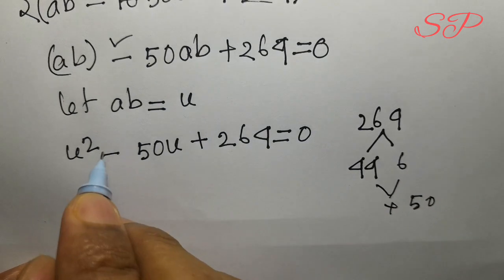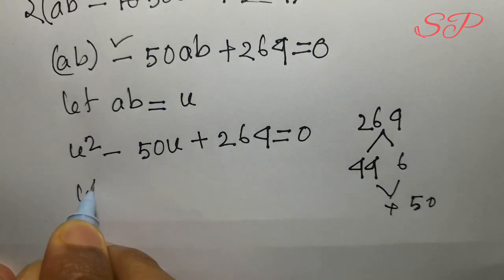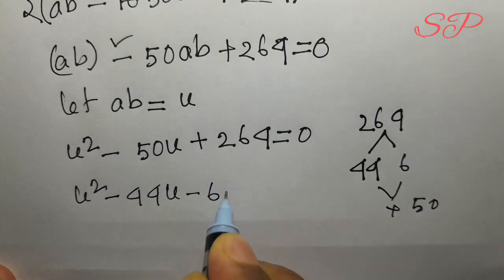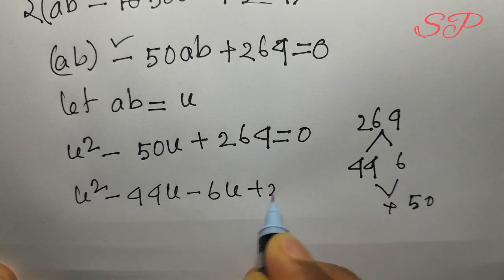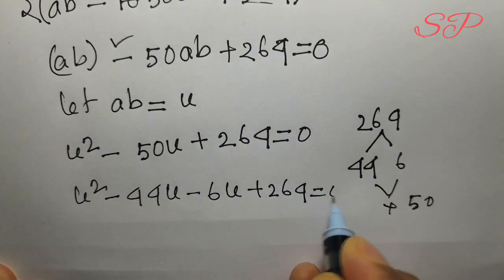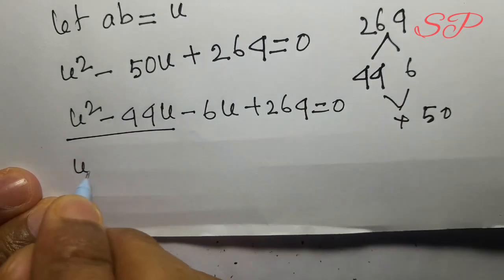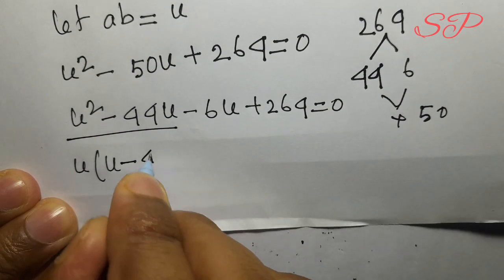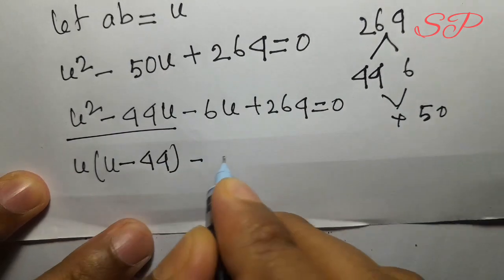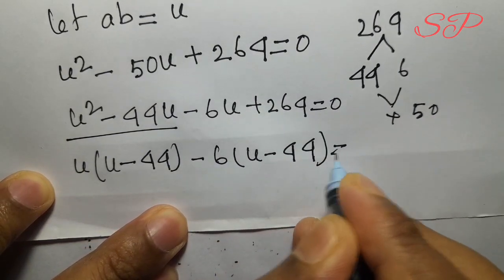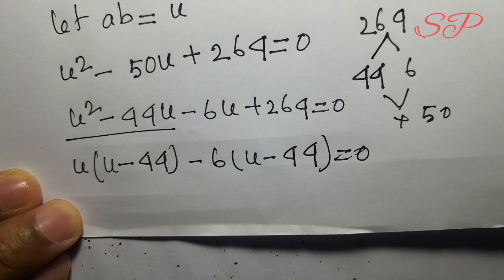Here is minus, so we can write u square minus 44u minus 6u plus 264 is equal to 0. Then u into u minus 44 minus 6 into u minus 44 is equal to 0.